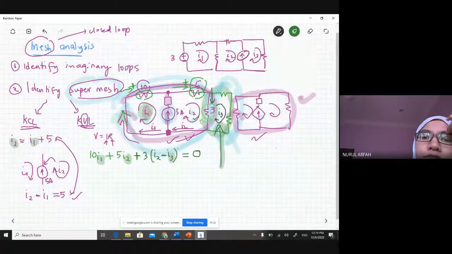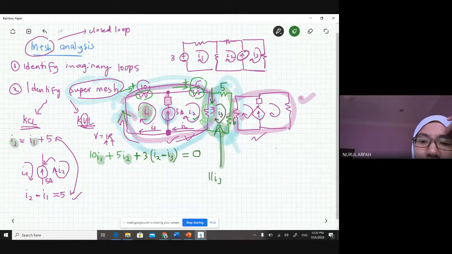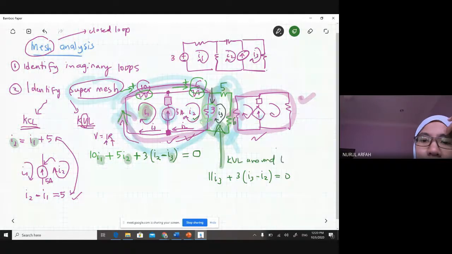Let's say this is 5 and 6 ohm. The resistors in series you can add, right? So 5 plus 6 is equal to 11 I3, and then plus 3 times I3 minus I2 equal to 0. This is KVL around loop 3.